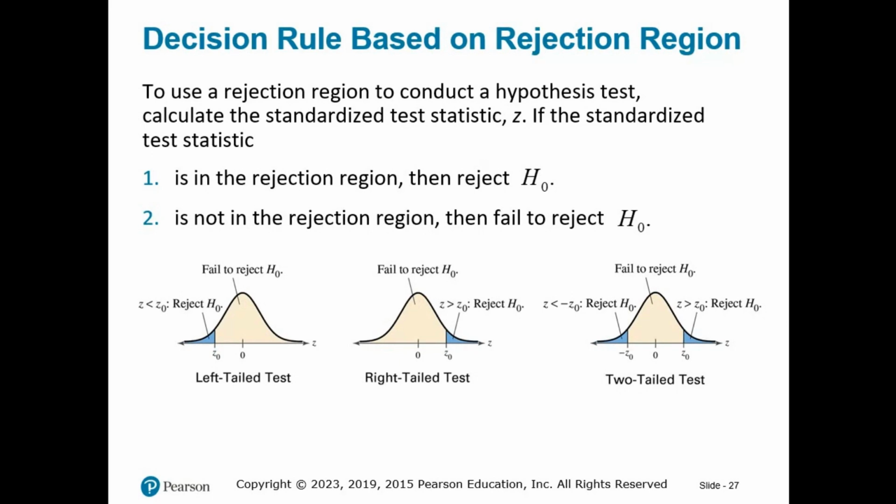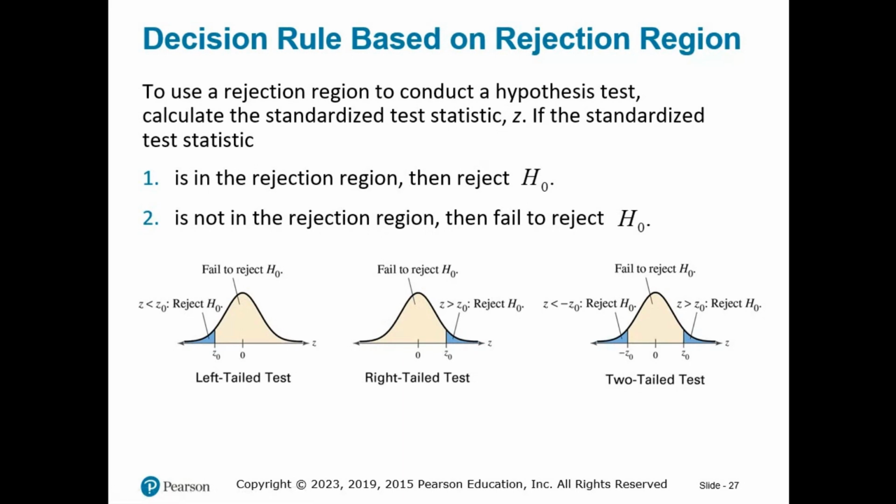If it falls within the rejection region, that means it's out of bounds. We have enough evidence that it is unusual and not within the range of probable results. You can see on these graphs what we mean. Every result that is within the shaded region results in rejecting the null hypothesis. If it falls in the tan area, or outside the rejection region, we fail to reject the null hypothesis.